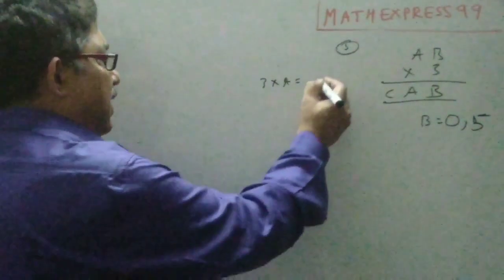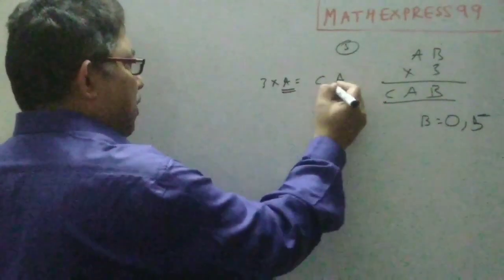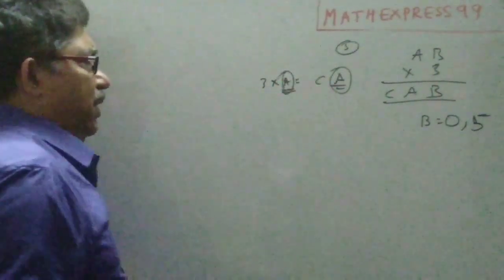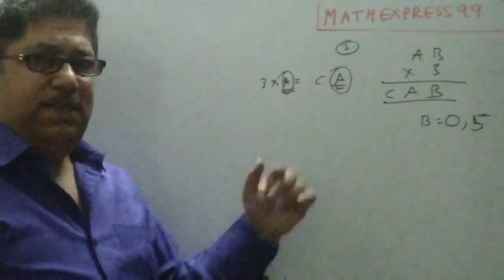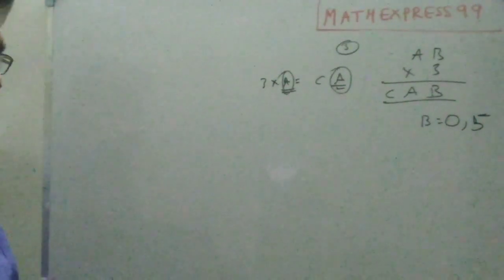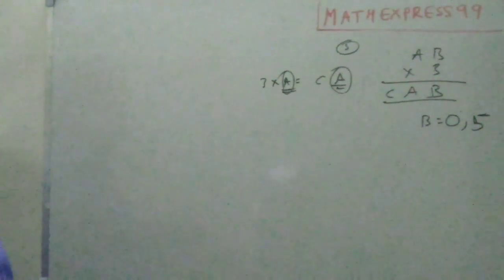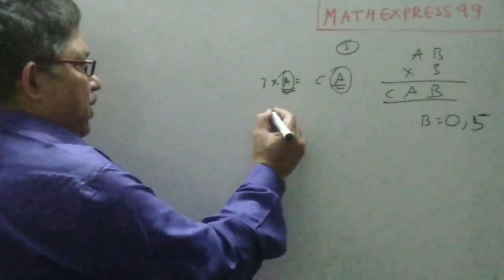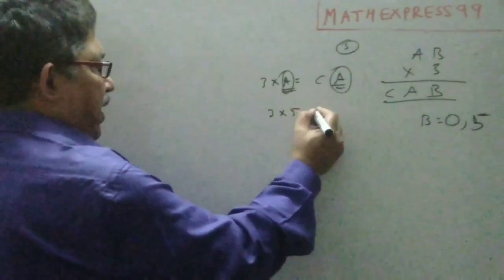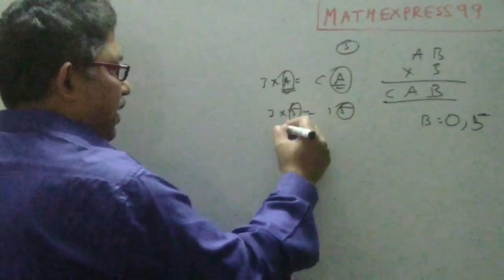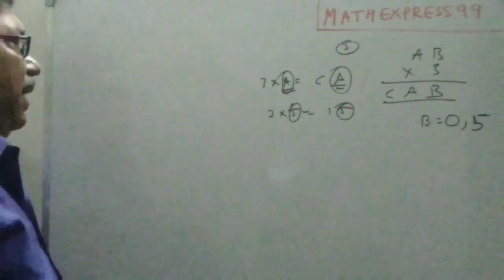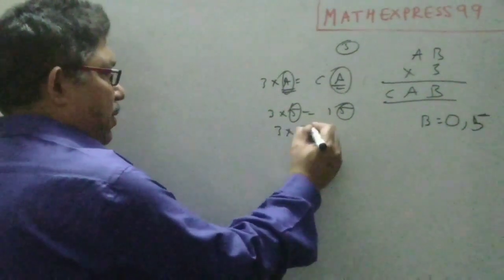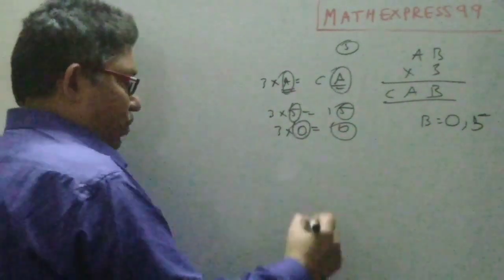I am not bothered about what C is, but I want to see that these two digits are same. Just now we worked out all the digits and saw what is coming, what is not coming. So what did we observe? 3 into 5 is 15, that's one thing which was working. And 3 into 0 is 0, that's also working.